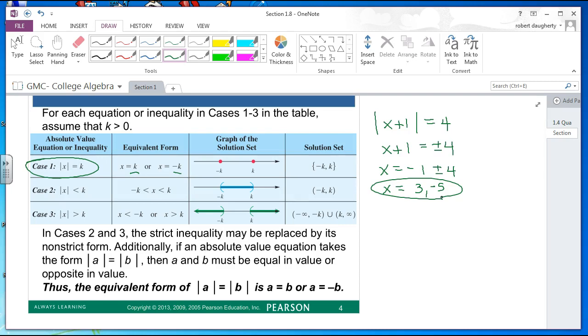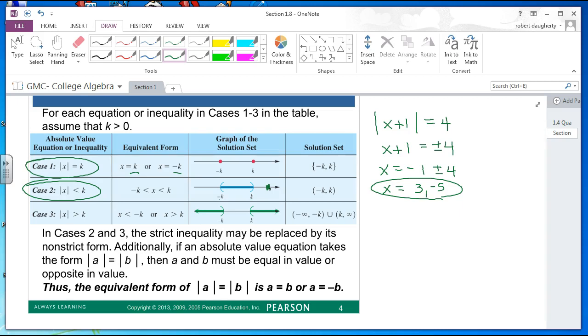Now, the cases where you see the absolute value of x is less than a number. That means what numbers are less than k distance away from the origin. So you've got some number k and minus k here, okay? The numbers that are that distance or less than that distance away would be all the numbers in between. Any number out here is more than k units away, so it has to be all the numbers in between, and we'll talk about solving that.